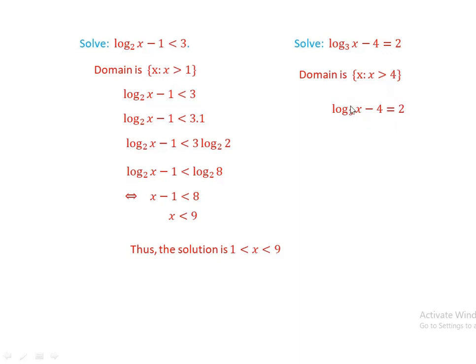So log of x minus 4 in base 3 is equal to 2 if and only if x minus 4 is equal to 3 to the power of 2. But 3 to the power of 2 is 9, then we have x minus 4 is equal to 9. Again, by adding 4 to both sides, we have x is equal to 13. Therefore, 13 is greater than 4. Thus our solution is x equal to 13.